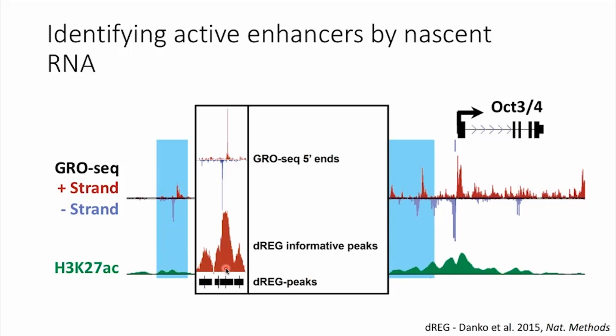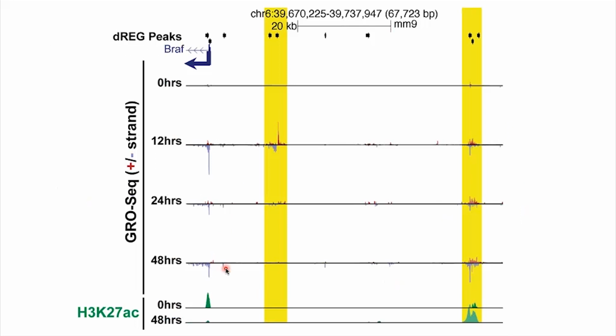So I would like to walk through a couple examples of what we've seen with our preliminary GRO-seq data. First on this list is the BRAF locus, which is an essential developmental gene that's often misregulated in cancers. While expressed at low levels in ES cells, we see it's stimulated by 12 hours in our GRO-seq data, alongside two putative enhancer elements highlighted in yellow here and here.